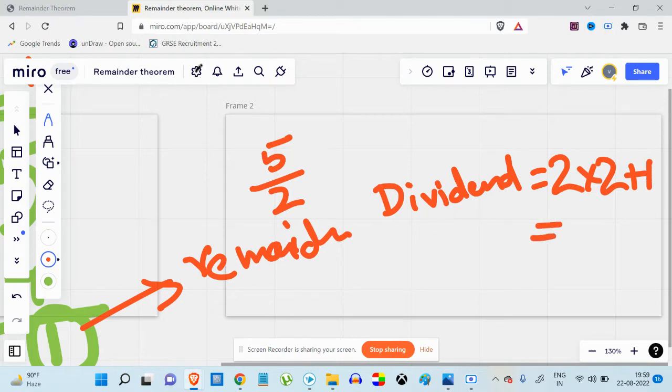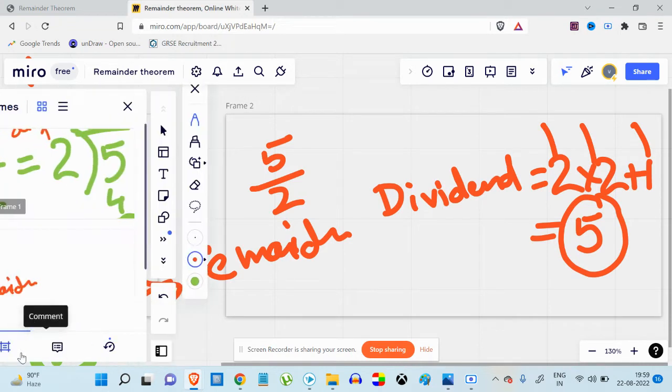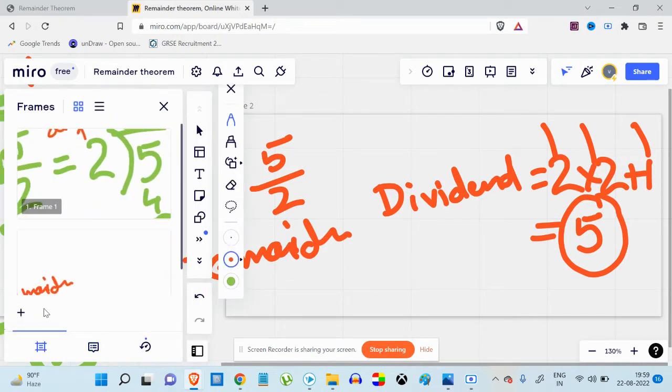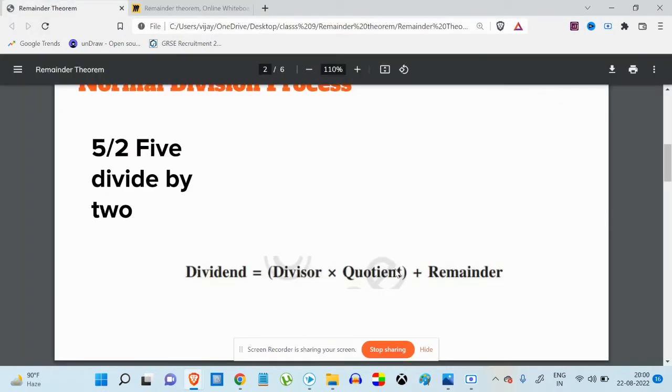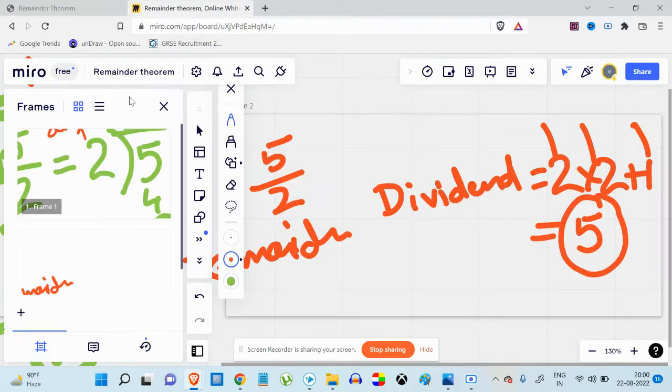That is, 2 twos are 4, plus 1 makes 5, which is the number getting divided. Who is dividing it? 2. How many times do we have to go? The quotient is 2. What is the remainder? 1. I am telling you all this because, remember this formula, we'll be doing a similar thing in the remainder theorem when we are dividing polynomials.